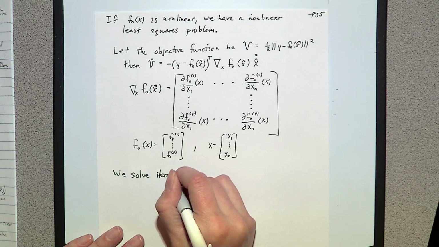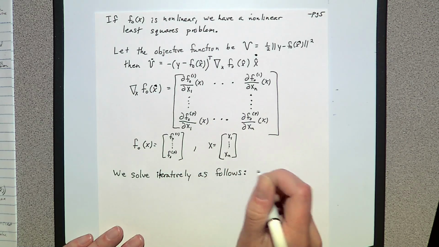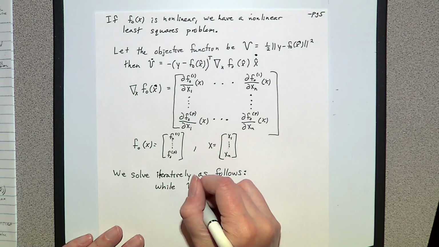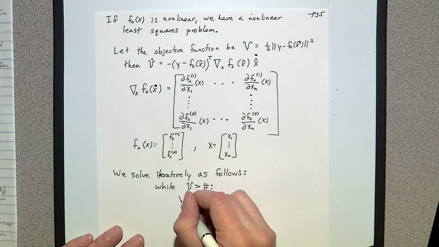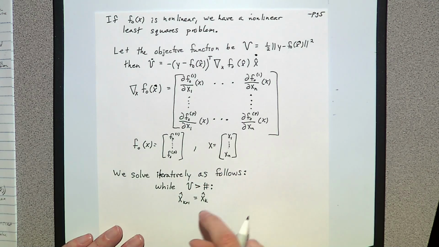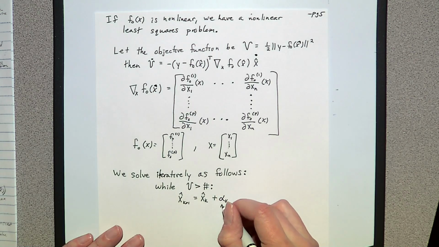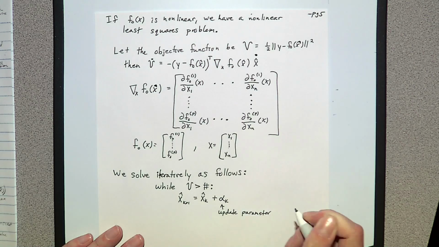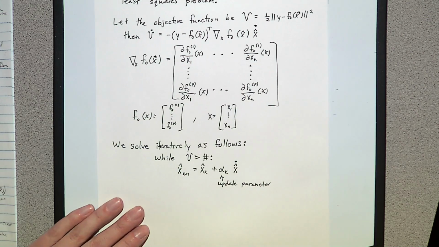So we actually solve this iteratively. In really broad terms, while our objective is greater than some number, we update our estimate by taking the previous estimate, and we have our update parameter, and we update with this change in x hat.